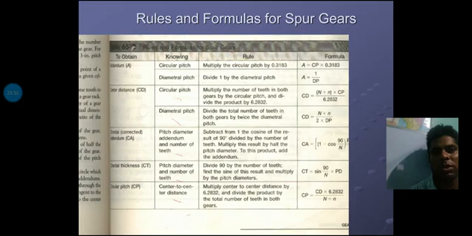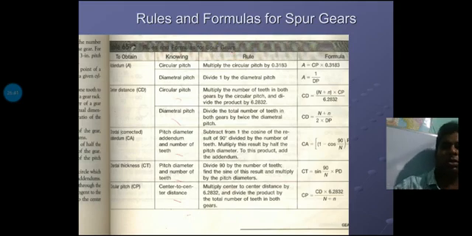Next, pitch diameter, addendum and dedendum. Ca, that means chordal addendum, is 1 minus cos 90 by n into pd. Next, chordal thickness, short form ct, is sine 90 by n into pd.